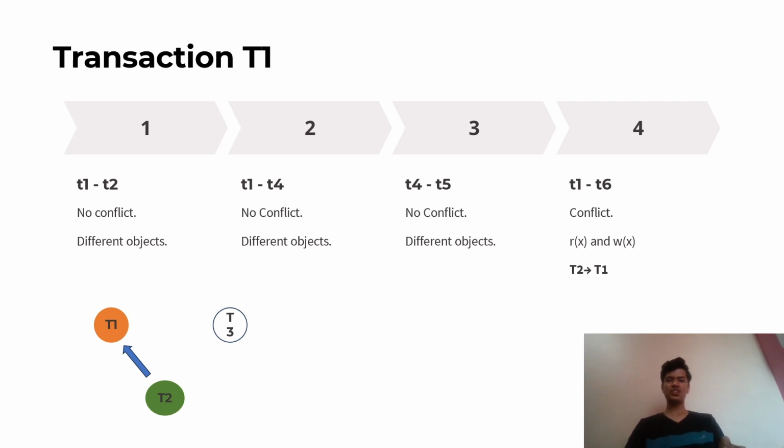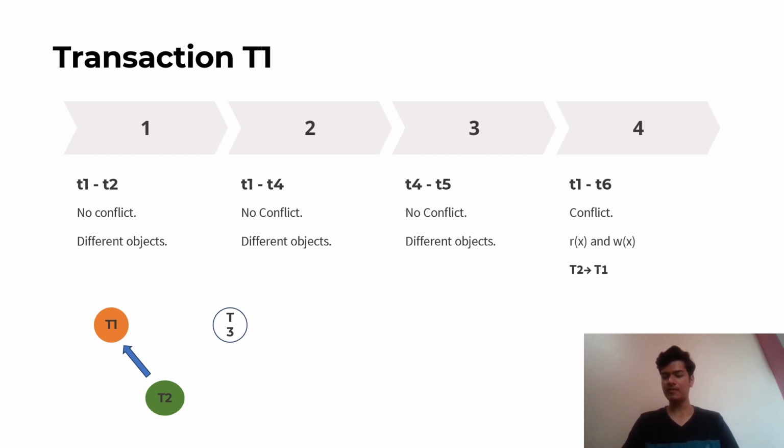Now, for transaction T1, we will compare its operations with T2 and T3. For time t1 and t2, there is no conflict because the objects are different. Talking about time t1 and t4, there is also no conflict because the objects are different. In time t4 and t5, there is also no conflict because the objects are different.